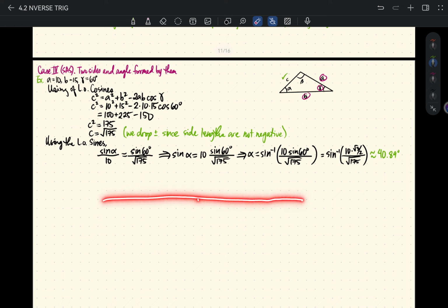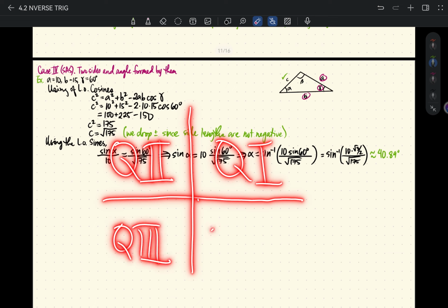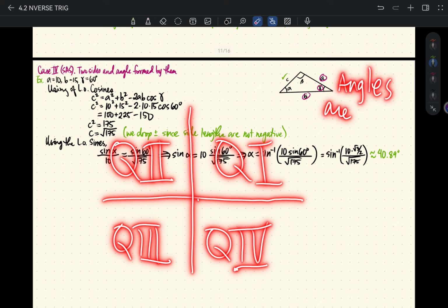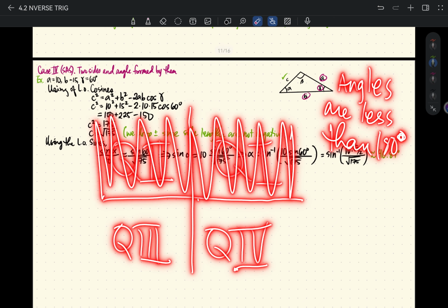Let's try and draw our coordinate plane. So you have here quadrants 1, 2, 3, and 4. What do we know about our angles? Our angles in a triangle are less than 180 degrees, so we are considering quadrants 1 and 2.